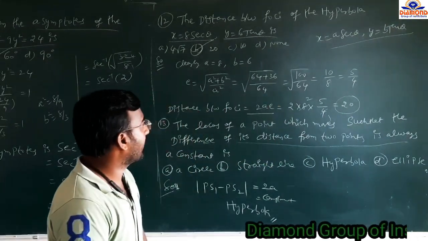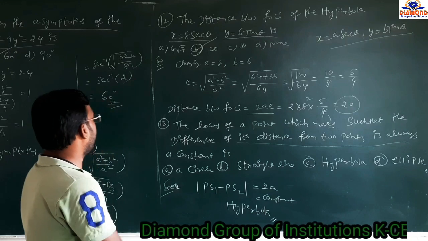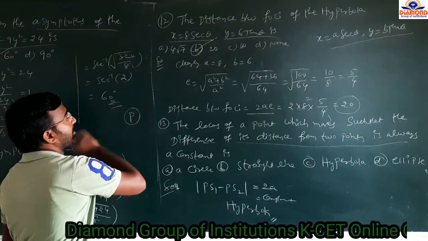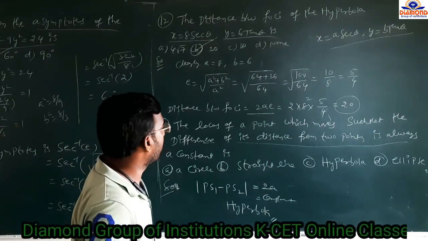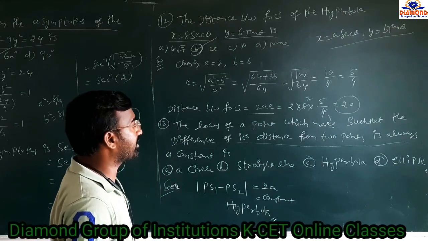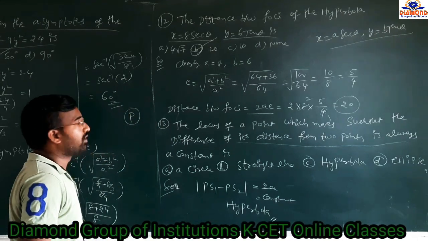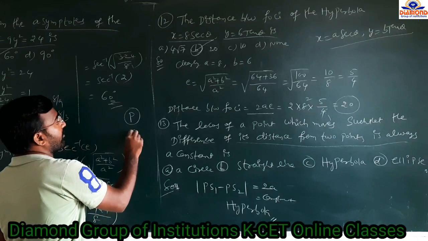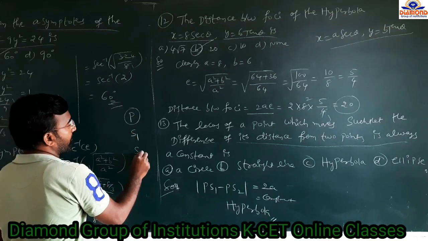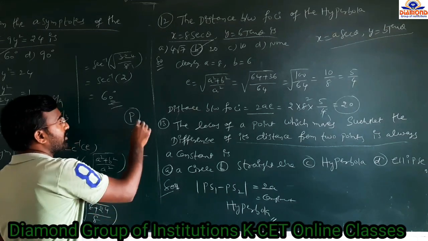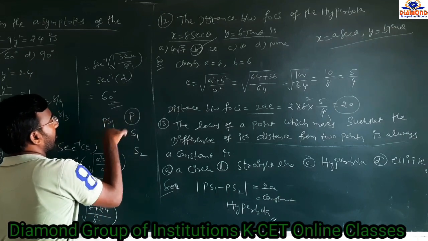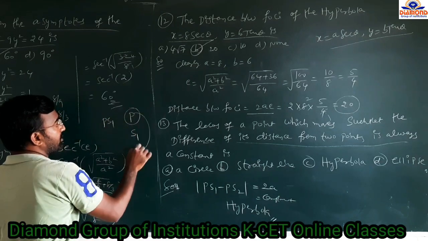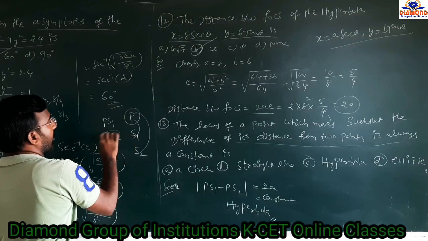So here what is given? The locus of a point. Generally locus point is denoted by P. The locus point moves such that the difference of its distances from two fixed points is constant. Generally fixed points are foci. S1, S2 are fixed points. What is the first distance? PS1 is the first distance. What is the second distance? PS2 is the second distance.